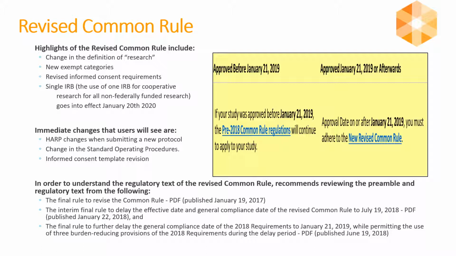So in order to understand the regulatory text of the revised Common Rule, I highly recommend reviewing the preamble and regulatory text from the following that I have listed down below. So that would include the revised Common Rule, which was published back in 2017, the interim final rule that was published in 2018, which is a great document because it gives you the different questions and answers, as well as comments that were provided by different sponsors and sites.